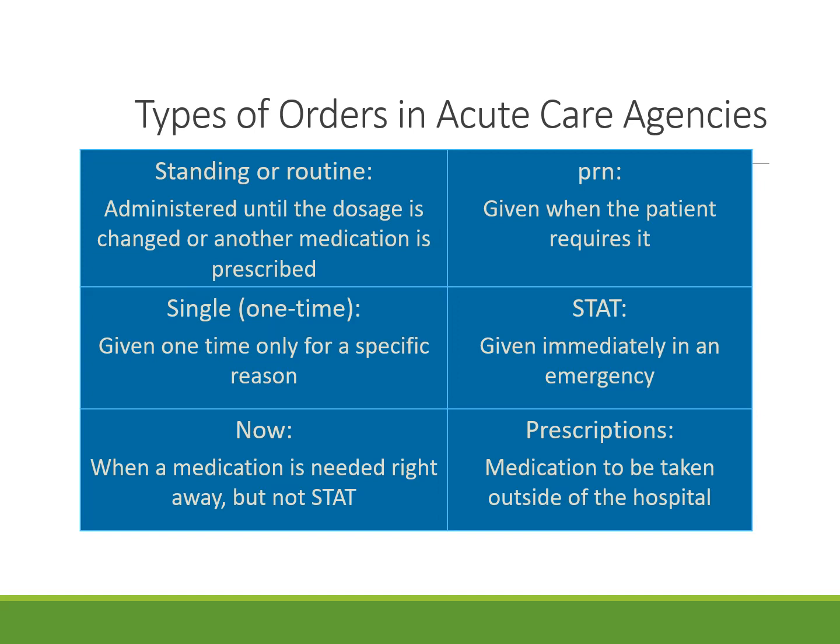Now is different from stat: it means the medication is needed right away but not stat, so it can be delayed, but with stat, you cannot delay. Prescriptions are prescribed drugs usually taken by the patient when discharged, or at home.